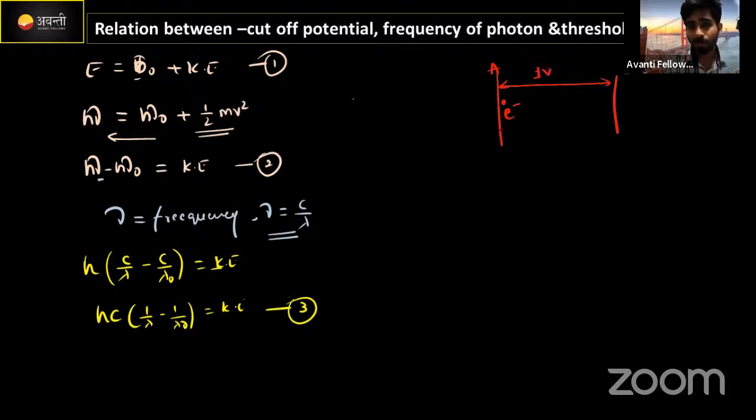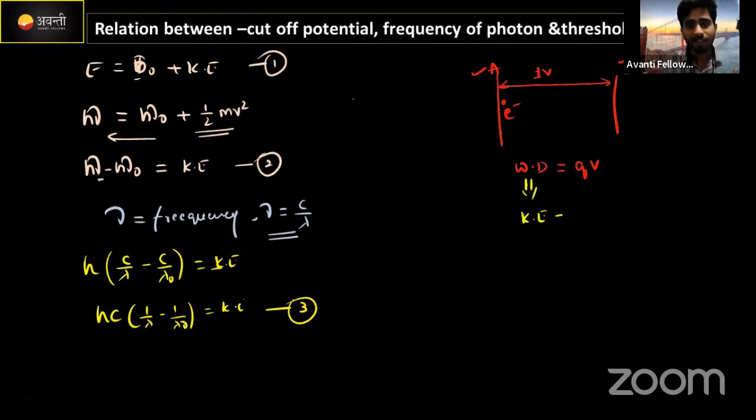When it is moving from A to B, whatever work is done, we write as charge into potential difference between point A and point B. But this work done is stored as kinetic energy for this particle.